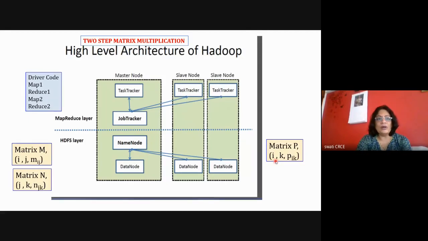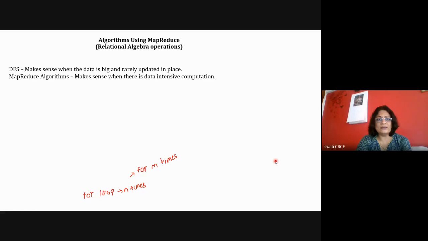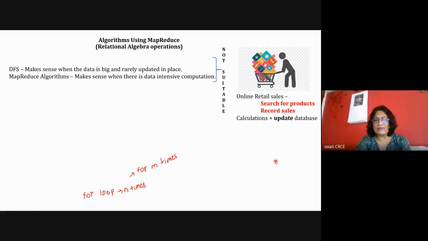Before that, I have gone through these slides, but I just want to revisit them because we are meeting after a break. This MapReduce algorithm is not suitable for queries such as searching for a product, recording of sales, or updating of the database. For example, on Amazon's website, if a customer wants to search for a product, it may not be suitable for such queries.